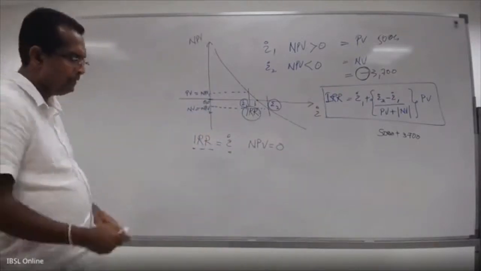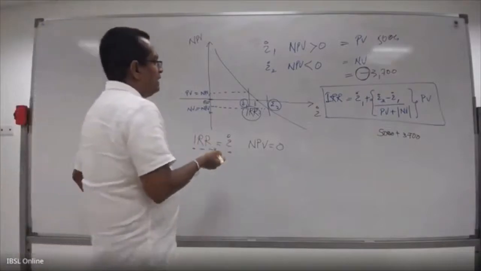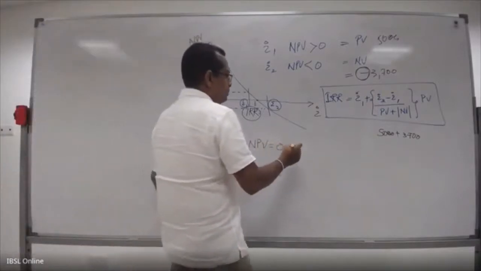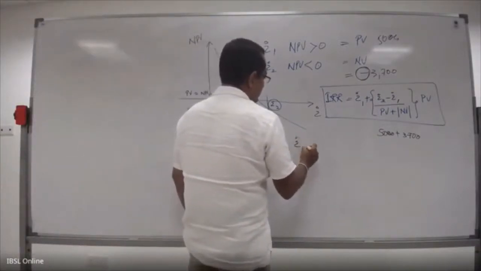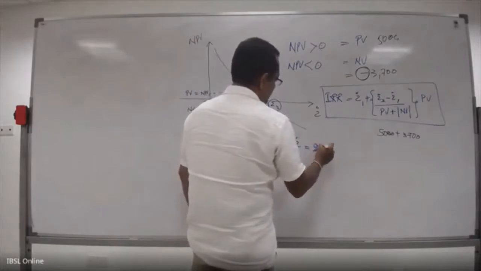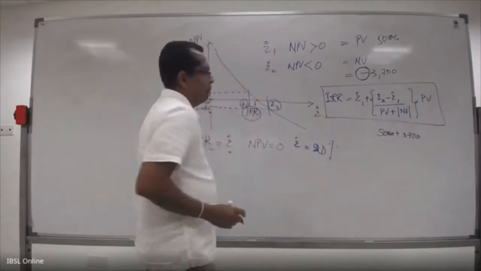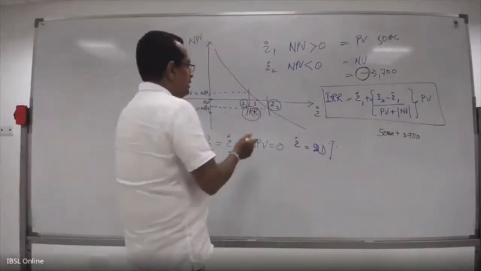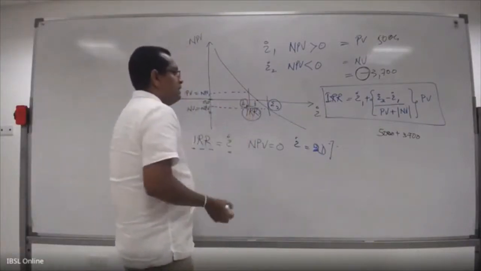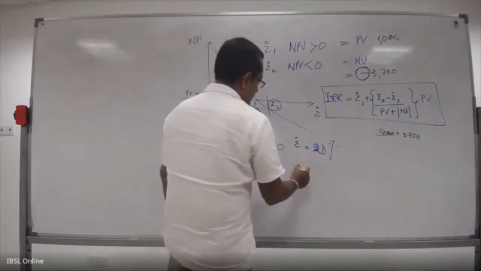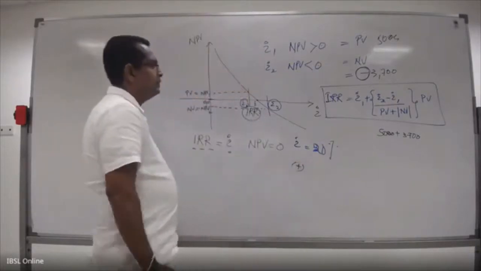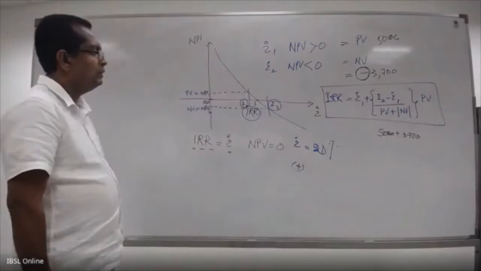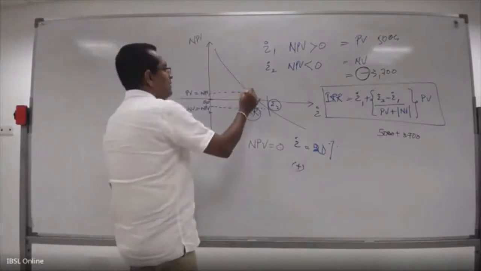So we say we use a discounting rate of 20%. This is a ballpark figure. You use a discount rate of 20. Then you will get a positive. That means we have received this one.